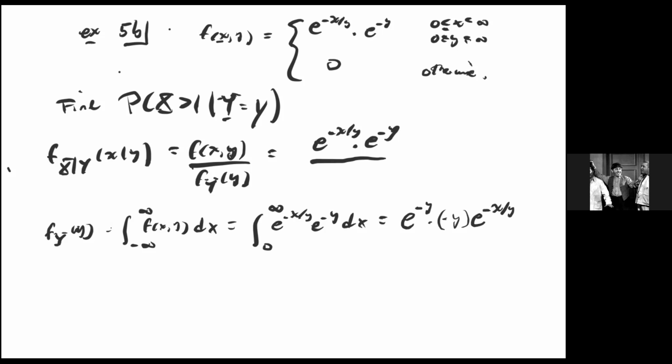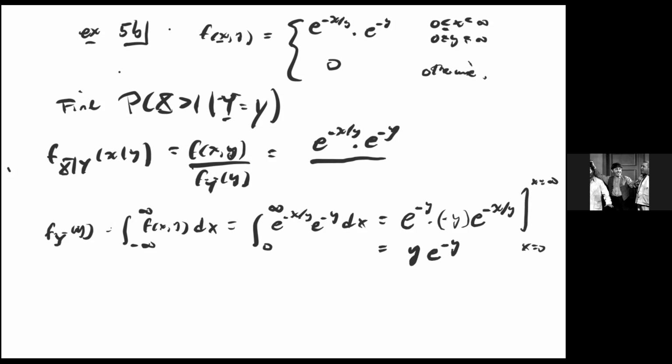So that's what you get for the antiderivative. That does work. And then we're integrating from x equals 0 to x equals infinity. And what pops out of this, it looks like to me, is y e to the minus y. You can check that yourself.